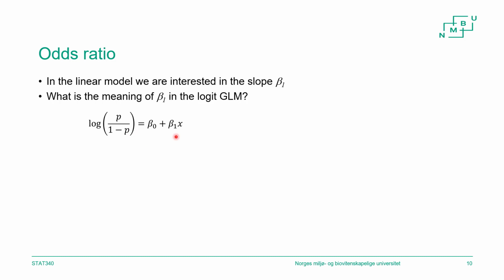If we now take the exponential on both sides, we get rid of this log here. Then you can see that this fraction is now the exponential of this linear relation. And again, if you solve for p now, you get this expression here. So this is actually how p is modeled as a function of x. Quite complicated, in a sense.